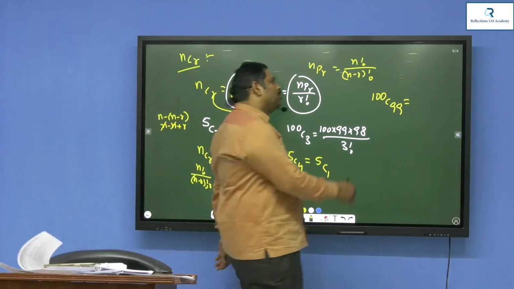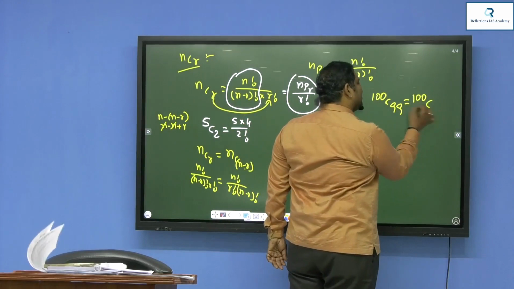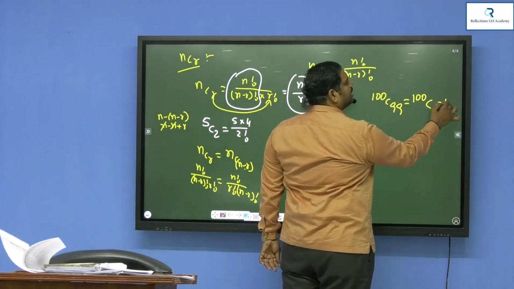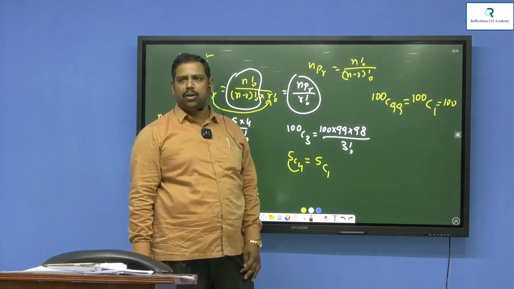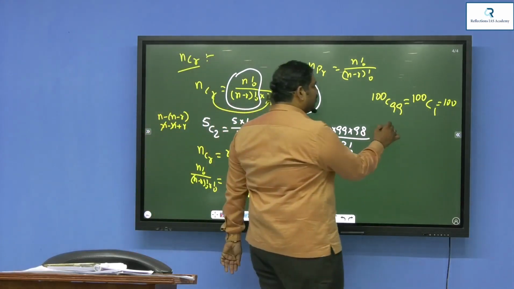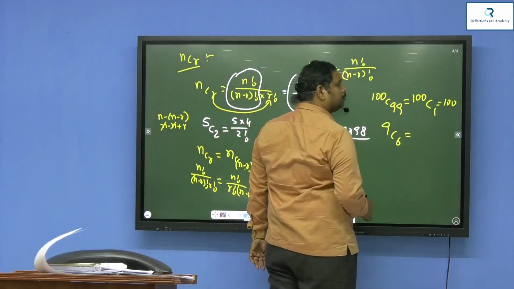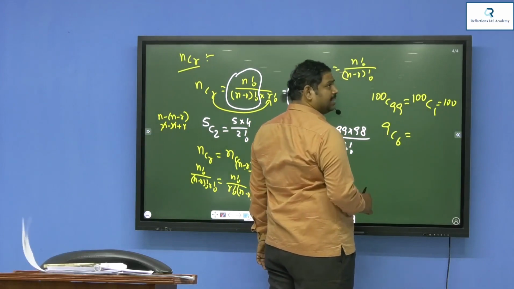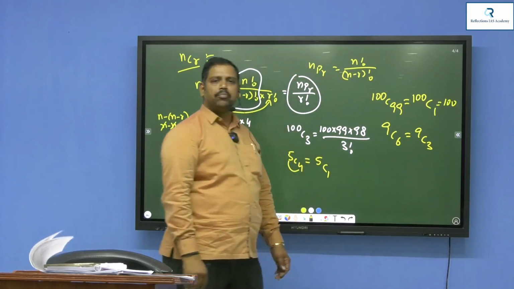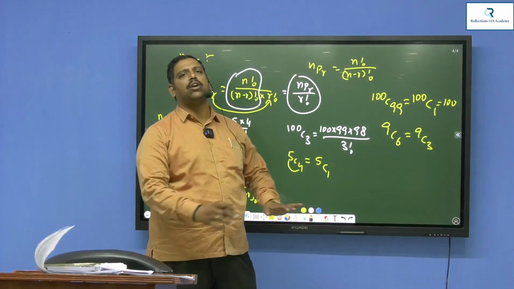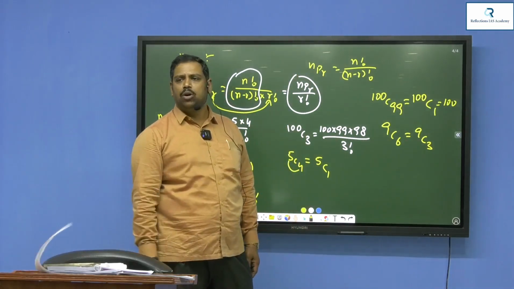So 100C99 you write as 100C1, which is 100 only. Good. Now tell me here, 9C6, what can I write? 9C6 means 9C3. Got it? Like this we have to work out.